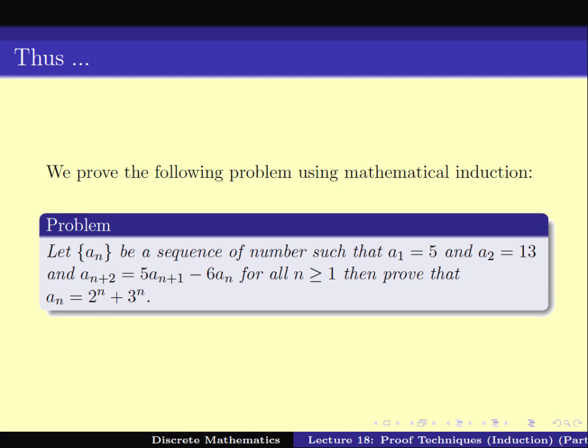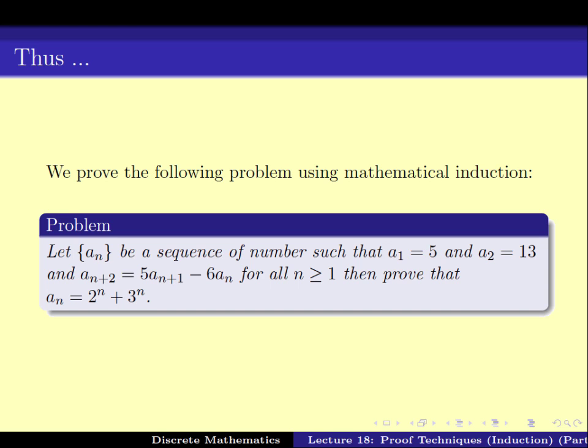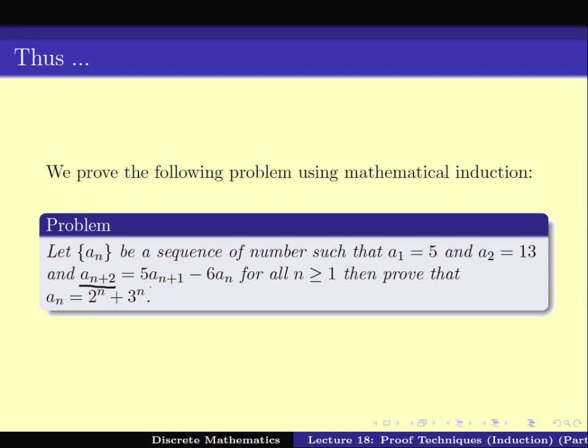Now this problem is just one of the examples of what we call recurrences, where we are given some term as a linear combination of its lower terms. As you can see, I can also have a problem where I define a_(n+3) as a_(n+1) plus a_(n+2).